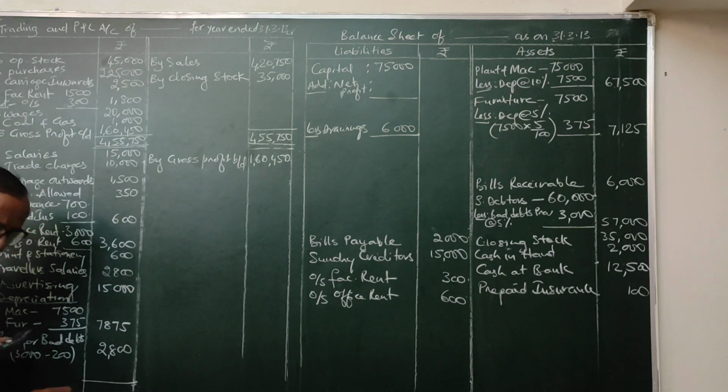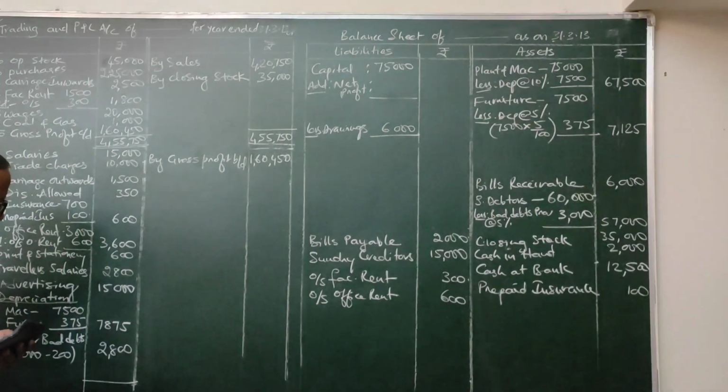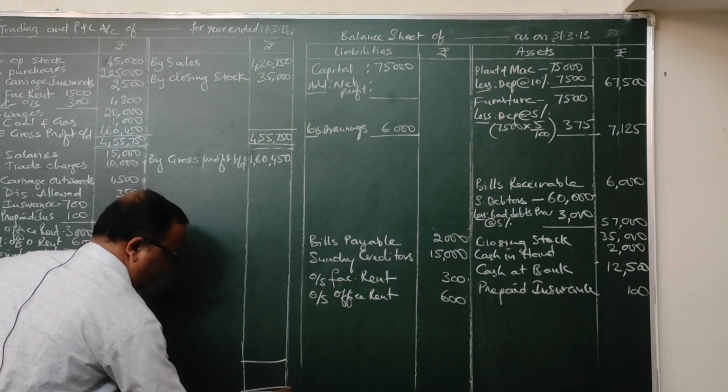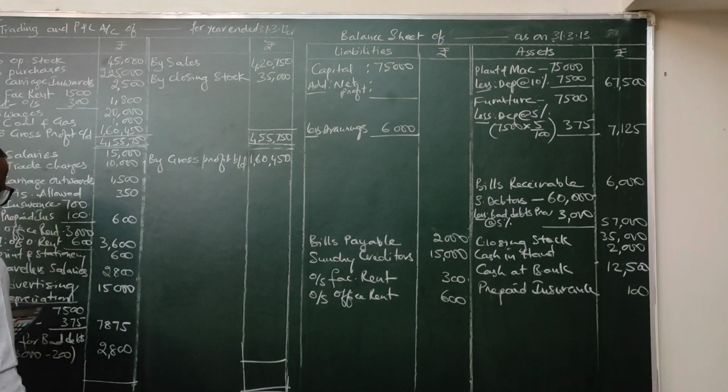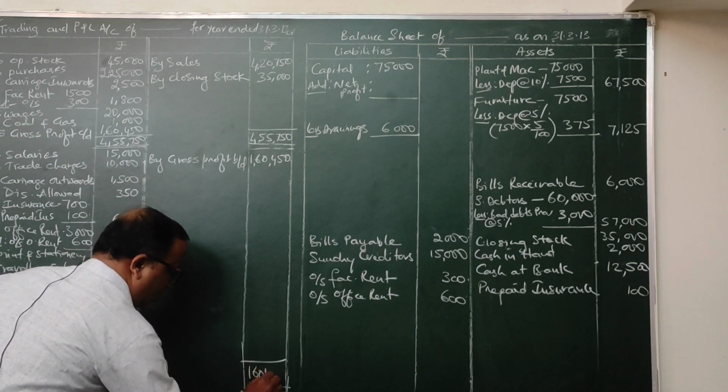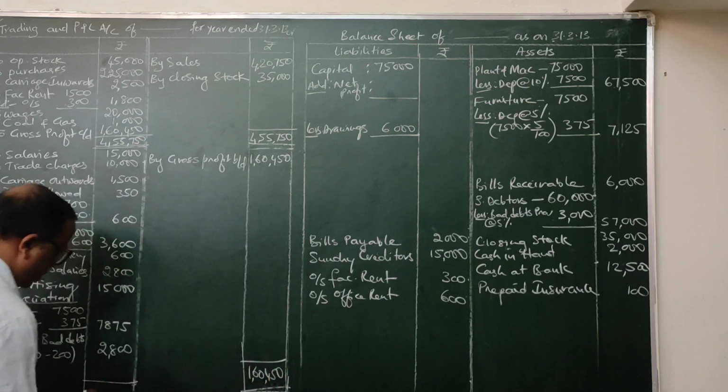Now let's balance our profit and loss account. The total of this is 1,60,450.